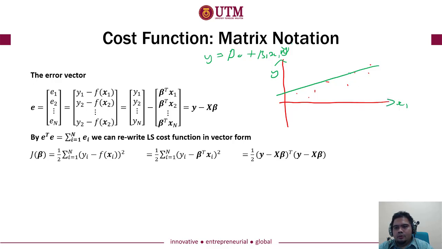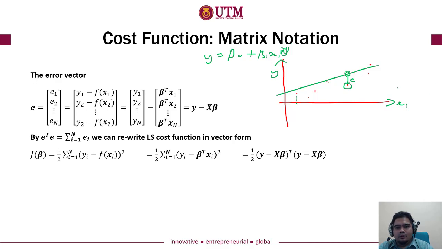So what you do is measure the distance between your actual data and predicted data. That is called your E, or your errors. Let's say this is the first error, for the first data.